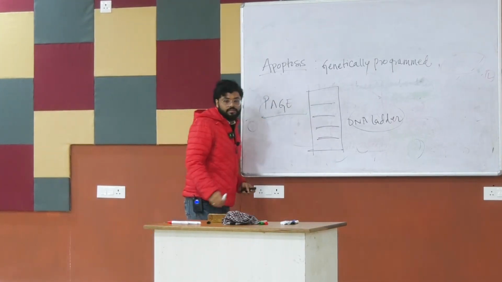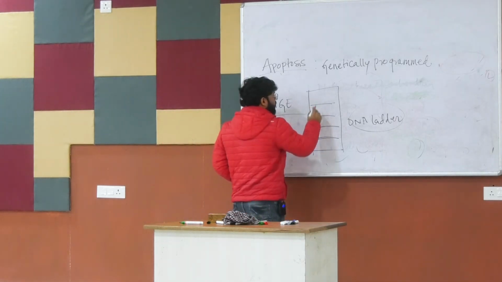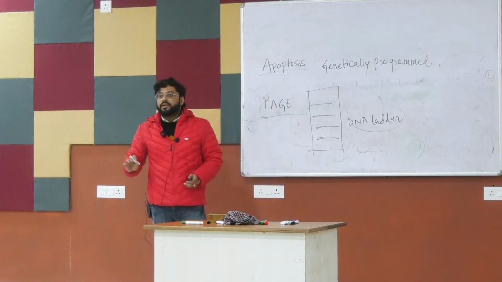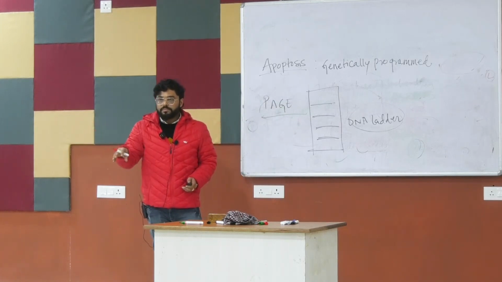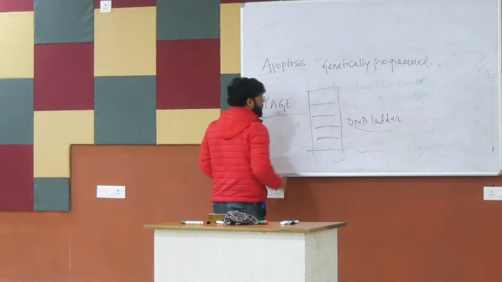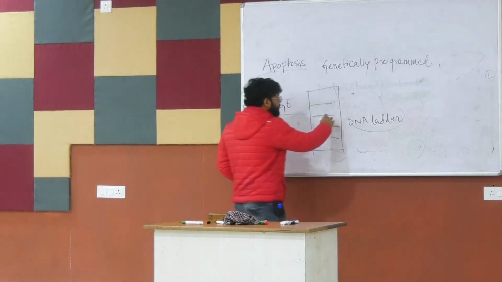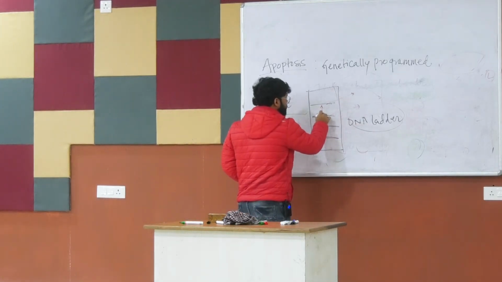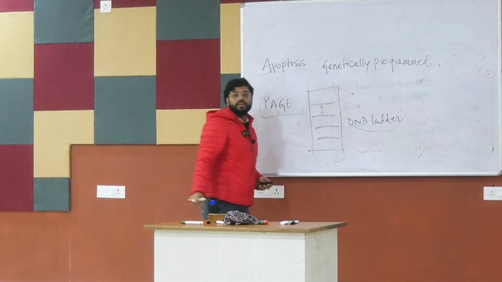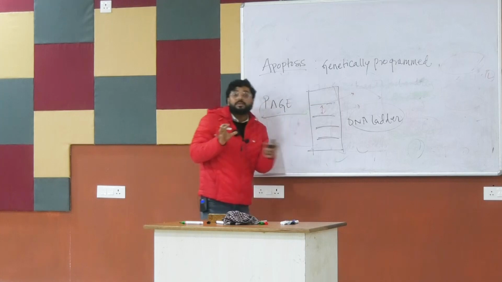Why? Because simply, as I said first, the apoptosis is occurring in single cells or small groups of cells, and that should be scattered. So, suppose this is a tissue. Here, this group of cells is dead. This group of cells is dead, and there is a distance. The tissue in the middle is not dead, but this cluster of cells is dead.